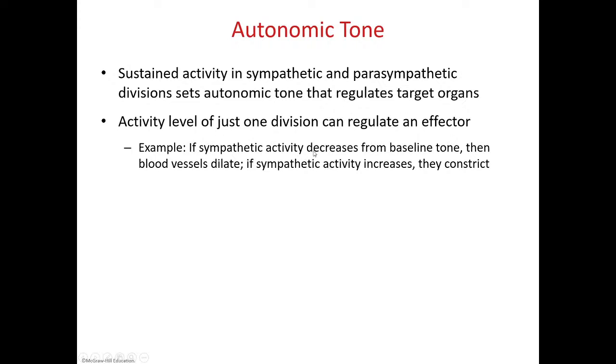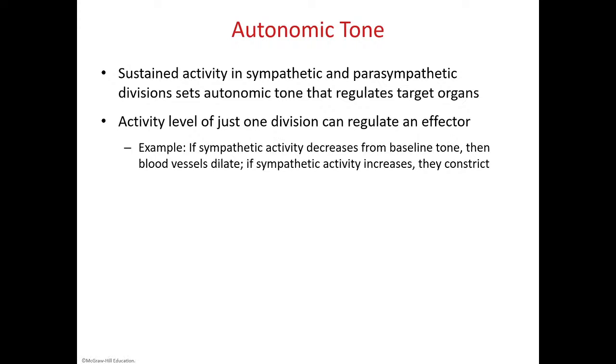So if the sympathetic activity decreases from the baseline tone, basically the sympathetic neurons are firing, let's go ahead and say 100 times a second. And if that decreases to 50 times a second, as opposed to 100, which is normal, then we will see more activity on the parasympathetic side, or that is to say that the parasympathetic system will take over.